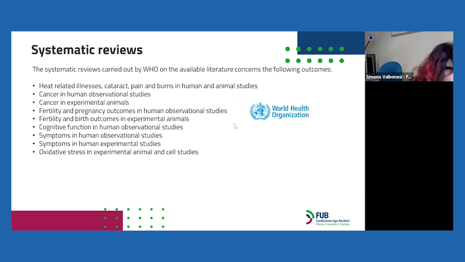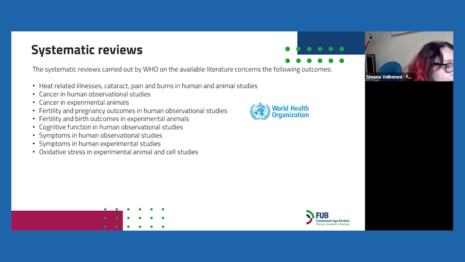The systematic reviews carried out by the World Health Organization on the available literature concern a list of outcomes. For this list, I want to thank Serena Fiocchi from CNR, who gave me all the information about it.